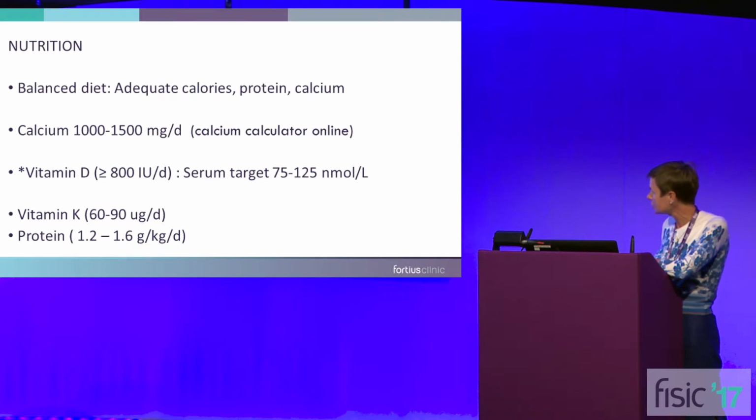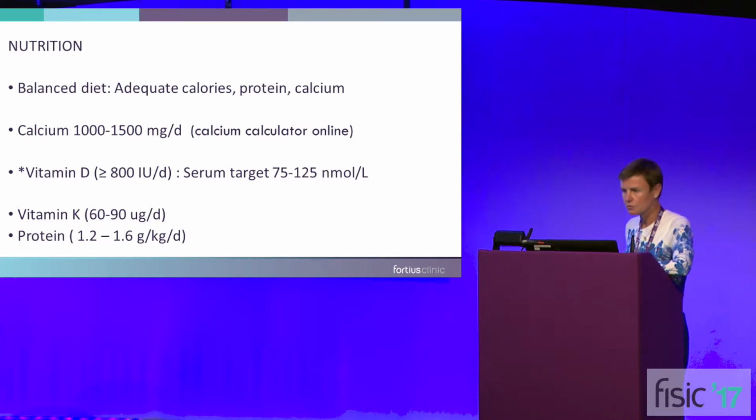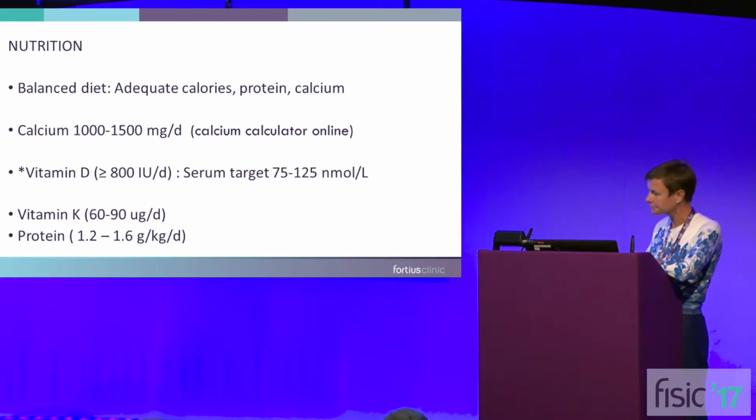The serum target for ideal bone health is here, and that's higher than often you will see on normal reference ranges on a normal GP result printout. And then there is the argument about how important is vitamin K, and certainly what is important is making sure the patient's got adequate protein intake to promote recovery.